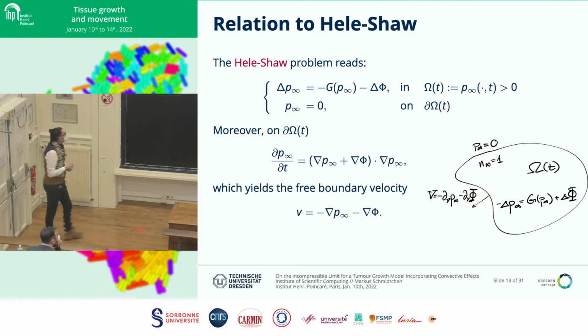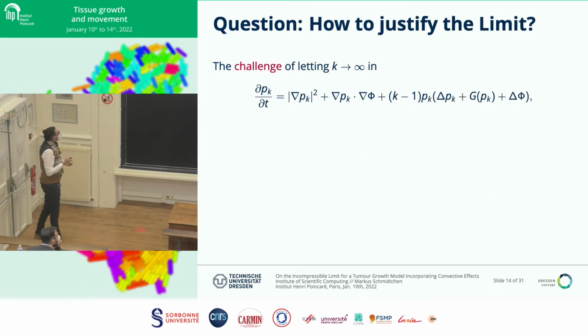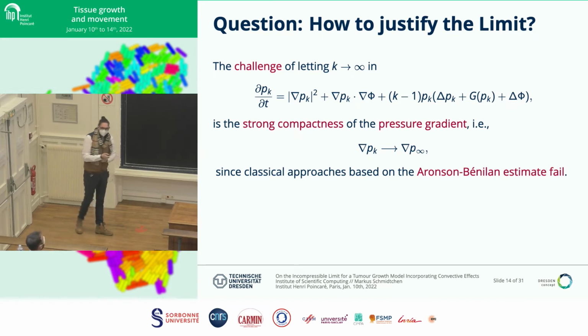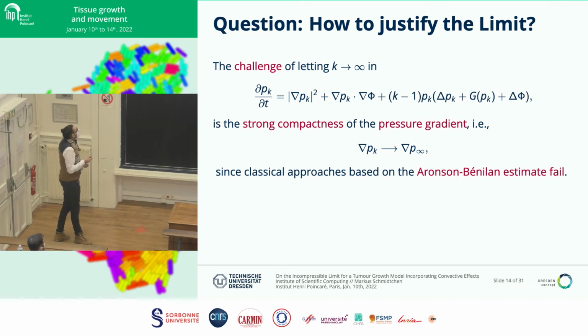So, as I was saying, how can we justify this limit, k going to infinity, given that we have to have the strong compactness of the pressure gradient in order to pass to the limit in this term? There were some previous results in the literature on equations with drift, but they were not able to get this type of strong compactness.